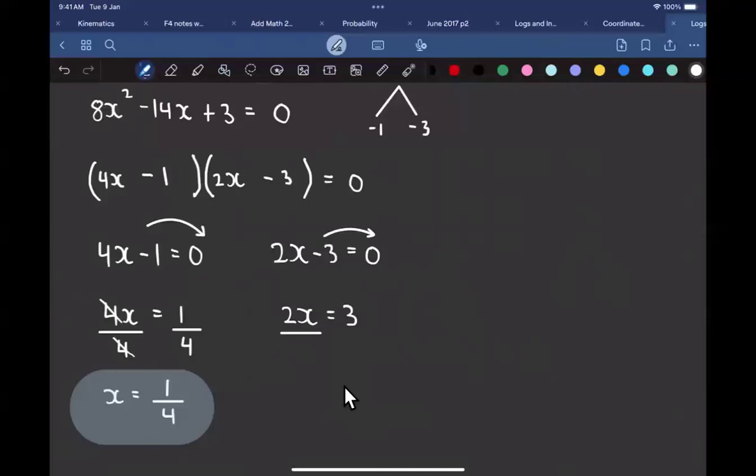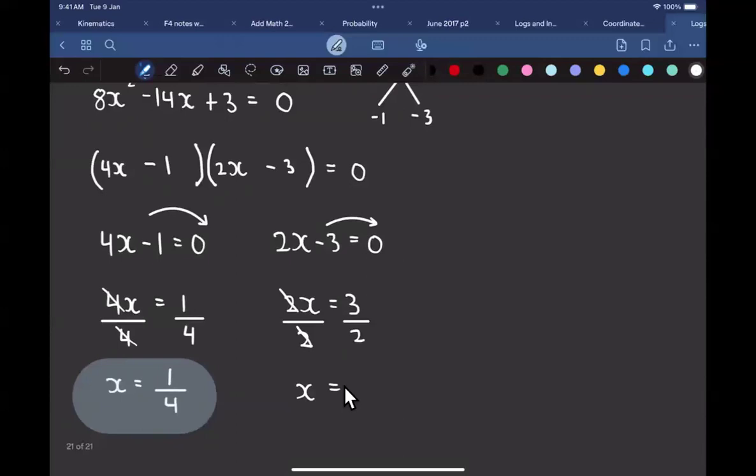Yes. Okay. So x is equal to what? Oh, my bad. x is equal to 3 over 2.